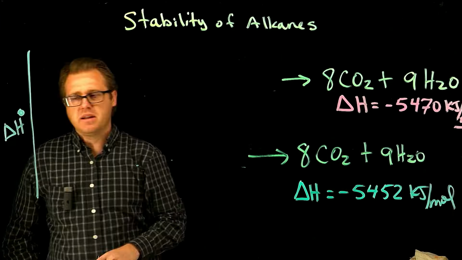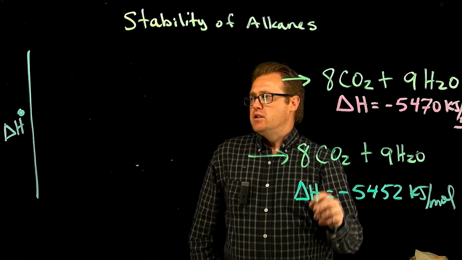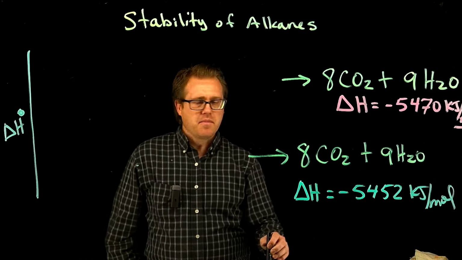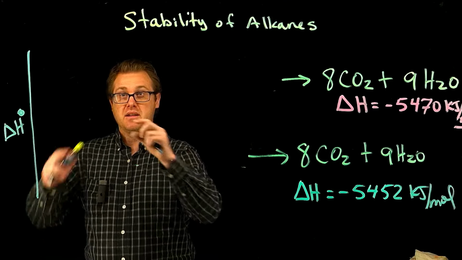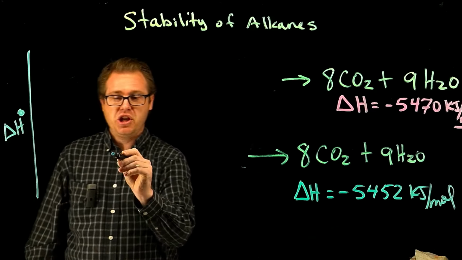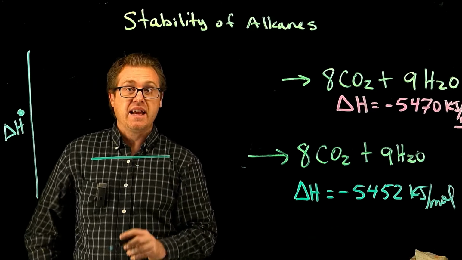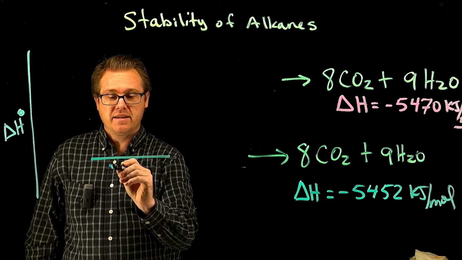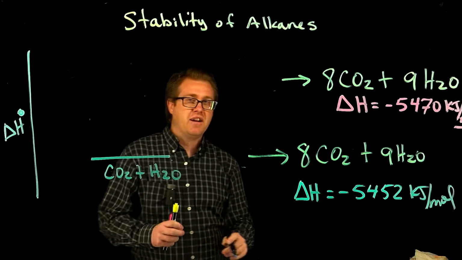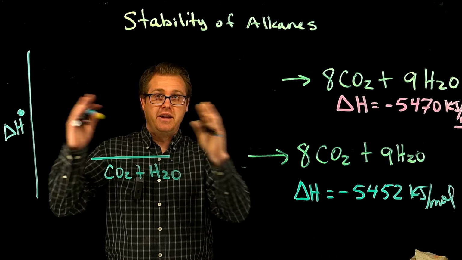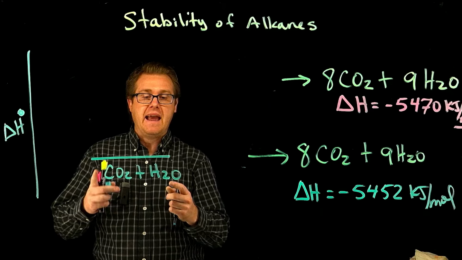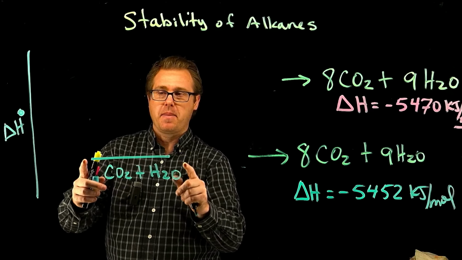That's just a not symbol there. So how much energy is given off here? Well, what's interesting is that when you combust the linear octane versus the compact octane, you generate the same product, and that is carbon dioxide plus water. It does not matter if you burn the linear octane or the compact octane, you get the same product.